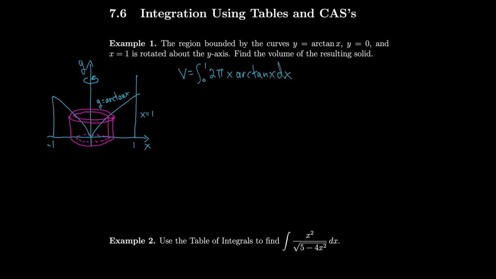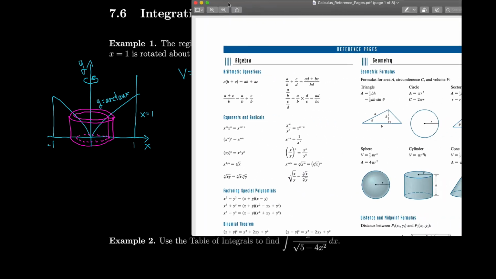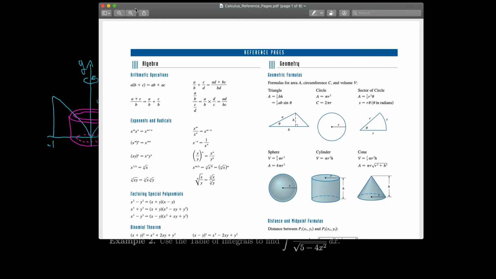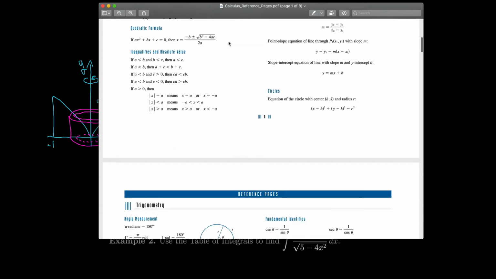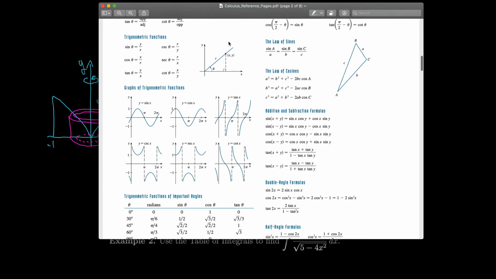So it's a pretty simple integral to construct, and it looks pretty simple to evaluate if we knew what the integral of x times arctangent x is. There should probably be a formula somewhere, because that looks so elementary. So how about we take out our table of integrals, in our reference pages.